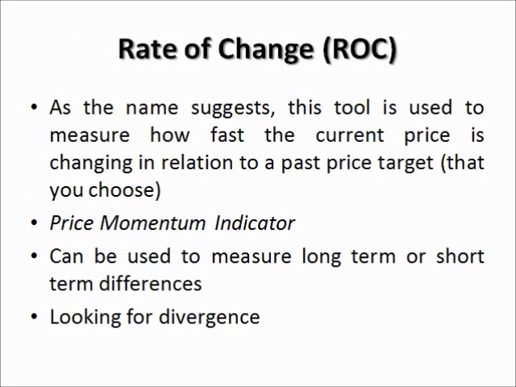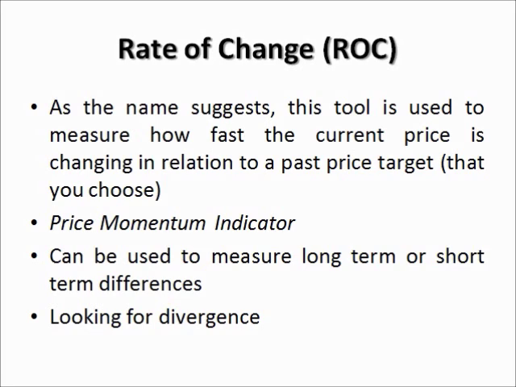The second tool in our strategy today is the rate of change. As the name suggests, it's a tool that's used to measure how fast the current price is changing in relation to a past price target. The typical time period used is about 12 days.